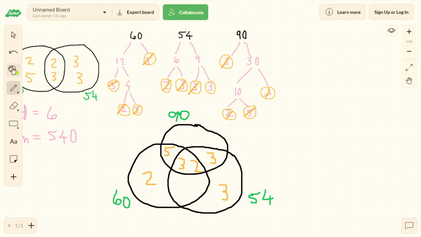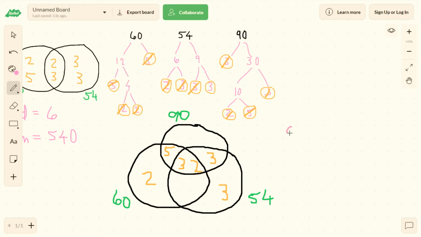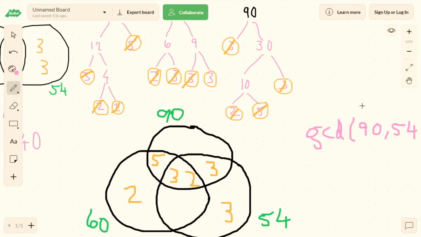My claim is the following. So check this out. Let's take stock of our GCDs here. So the GCD between, let's say, 90 and 54. Actually, let me zoom in on that. Oops. Let's just undo all that pen stuff. The font's too big.